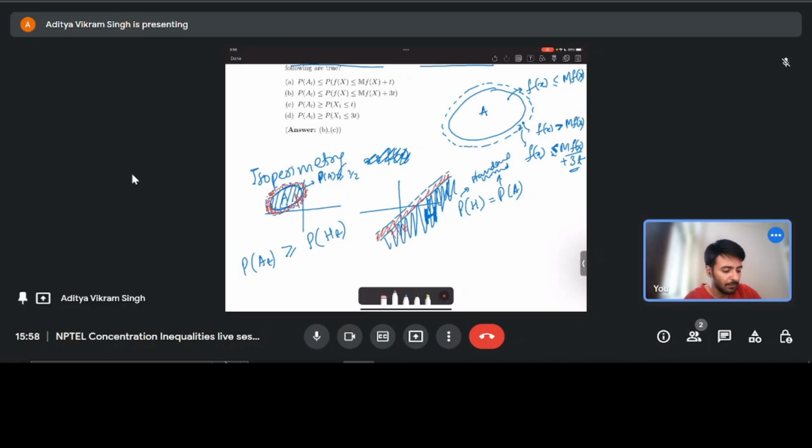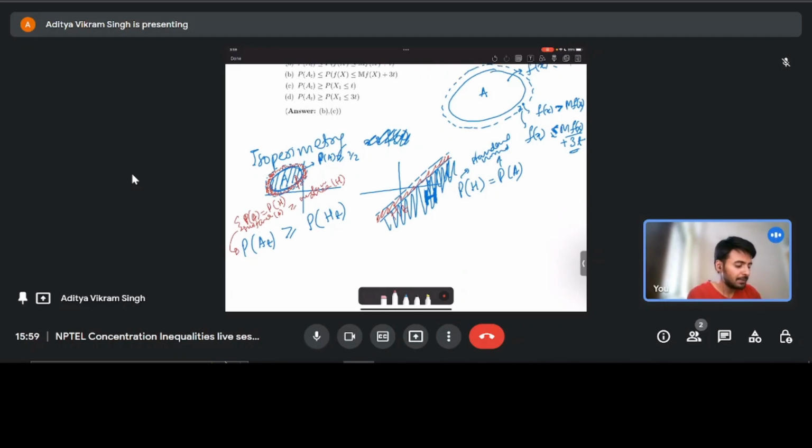We already had that the probability of A is the probability of H, and the surface area of A is at least the surface area of H, because the surface area of H is the least. So in total, the probability of the blow up AT is greater than or equal to the probability of HT.